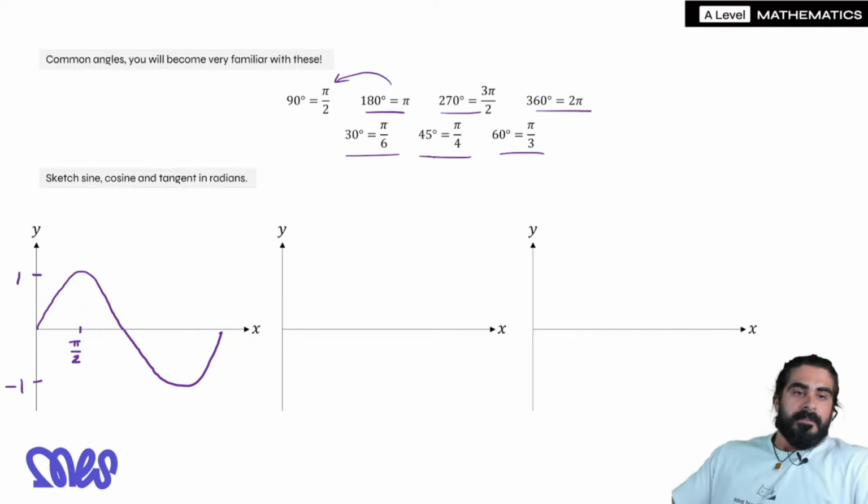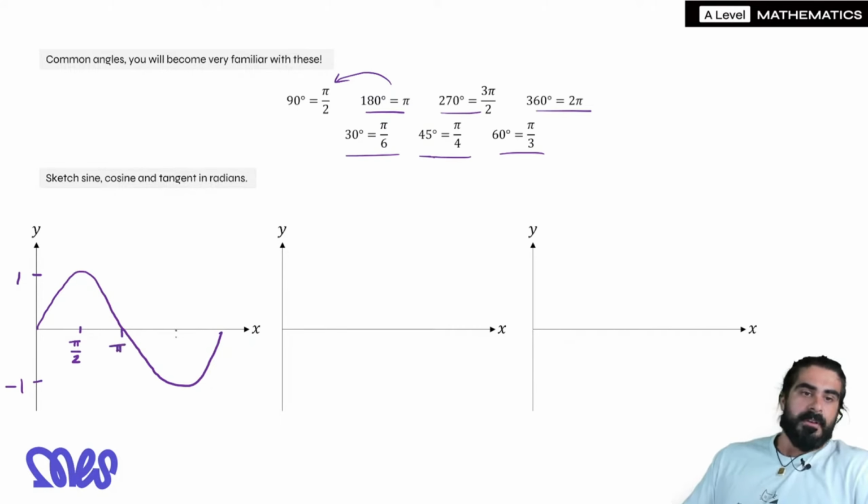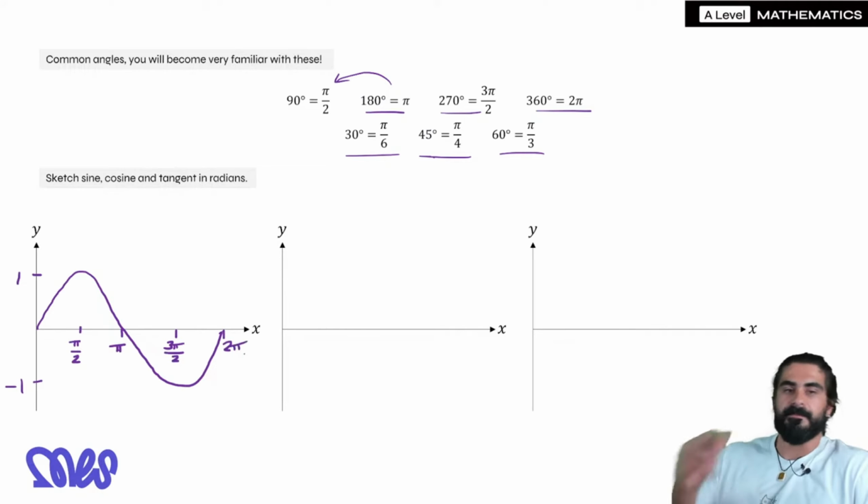Then the sine graph crosses the x-axis at 180 degrees, which is pi radians. The next trough is at 270 degrees, which we know is 3 pi over 2. And then the sine graph comes back at 360, which is 2 pi.